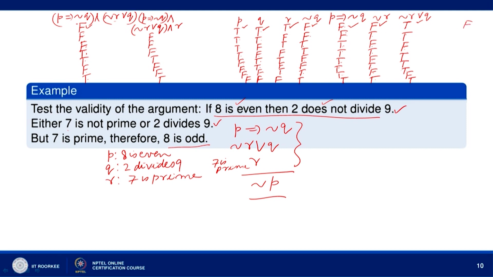So, we have taken this, F T gives F, then T F gives F, then T T gives T, then T T gives T, then T T gives T, then T F gives F, and then T T gives T. So, we have written 3 F, 3 T, 3 T. Okay, 1 T is missing here.